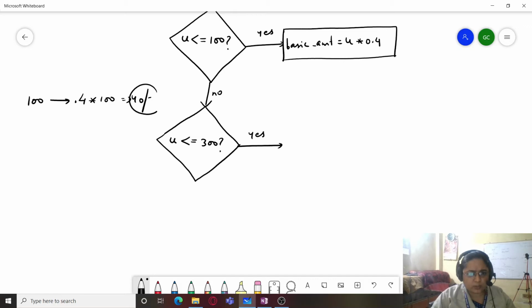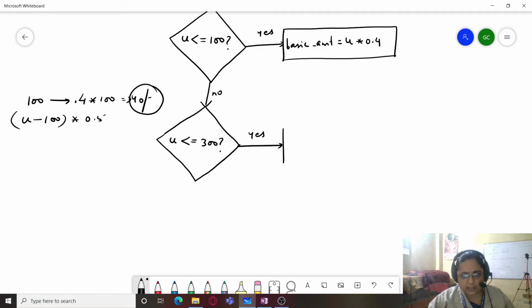So this 40 rupees will become a fixed charge for the second slab, and then whatever remains from the units, that is U is the number of units. Suppose you have 250 units. So 250 minus 100 you'll have to do. So U minus 100, which will give you the remaining units, and this you will multiply with 0.5.